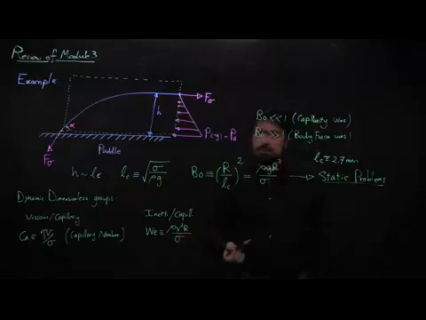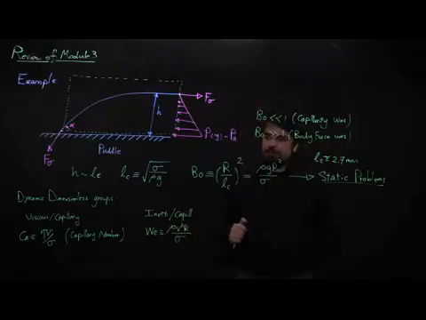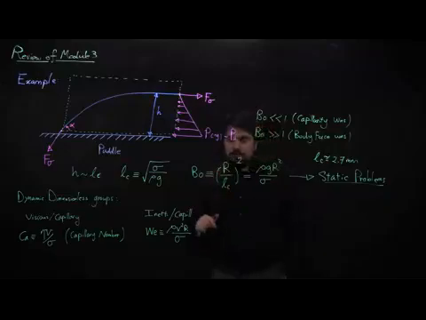Rho v squared is a pressure. Sigma over r is also a pressure. So rho v squared times r over sigma is a dimensionless group that compares the scale of pressures or stresses related to inertia, which are captured by the rho v squared term, to other stresses that you may have in your problem that are coming from surface tension or capillary nature, and those are usually scaled with sigma over r.